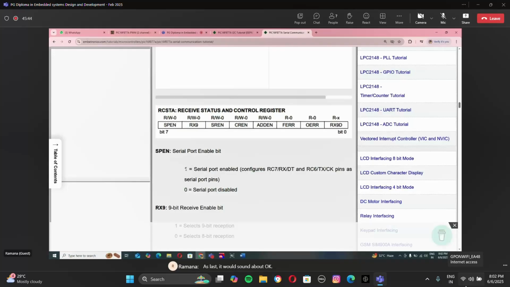If you enable it, the serial port is enabled and configures RC7 as RX/DT and RC6 as TX pins as serial port pins. For this configuration, we are enabling it.